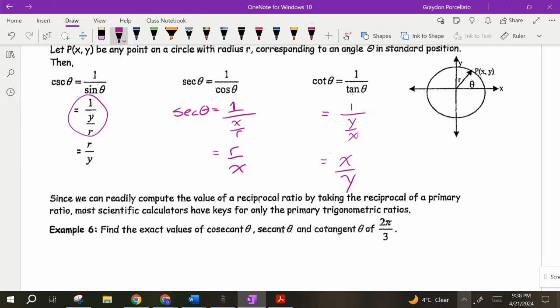This is the main thing that we know: cotangent theta is equal to that, secant theta is equal to that, and cosecant theta is equal to that. Okay, that's the important part right there. So lastly, let's finish up with this last question, no, still 2 questions.